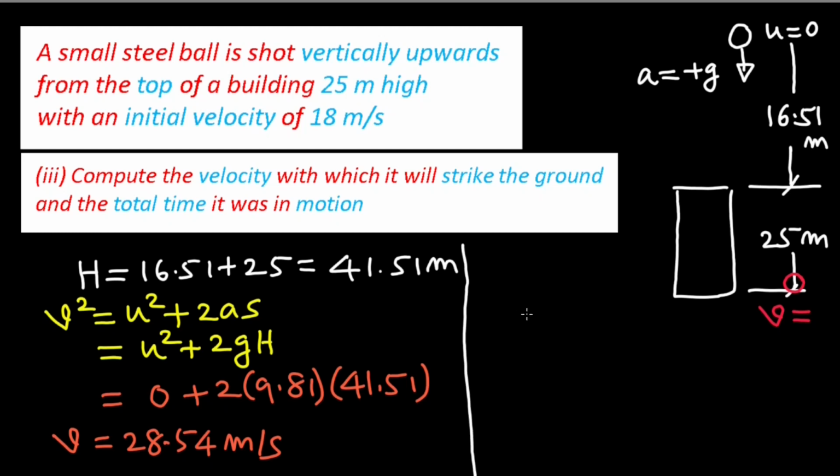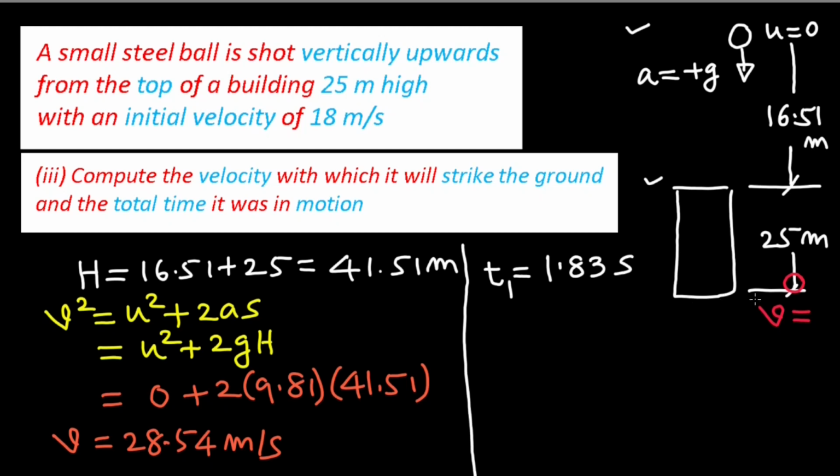Now we have to find the time for which the ball was in motion. The ball initially was in motion when it was thrown from the top of the building so as to reach the maximum height here. So that time which we have found is 1.83 second. Let's call it t1.